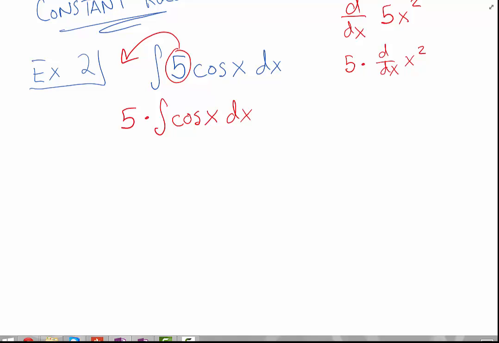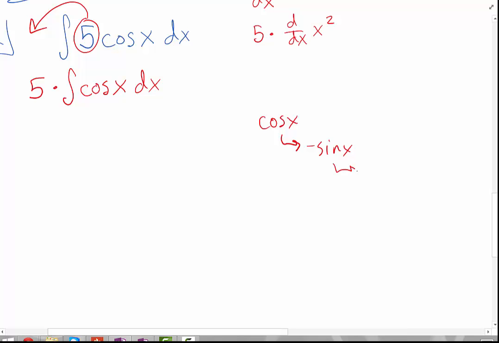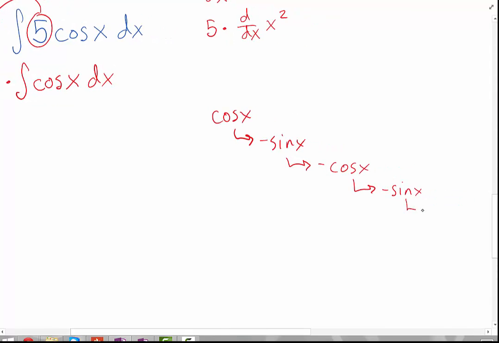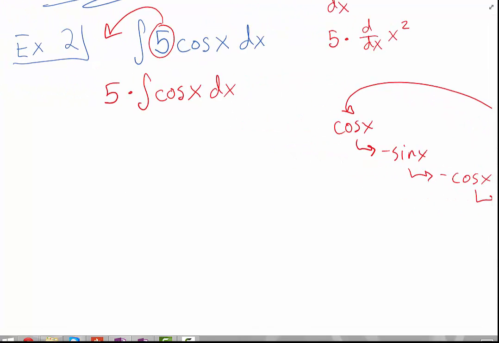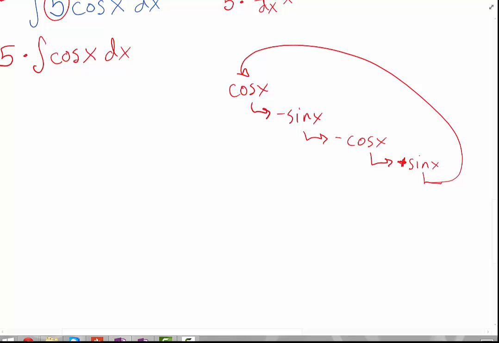Well, if we think about it, the derivative of cosine of x is negative sine x, and then the derivative of that is negative cosine of x, the derivative of that is positive sine x, and then the derivative of sine x goes back to cosine of x. Because this one repeats, the antiderivative of cosine of x is backwards on that step ladder, to sine x.